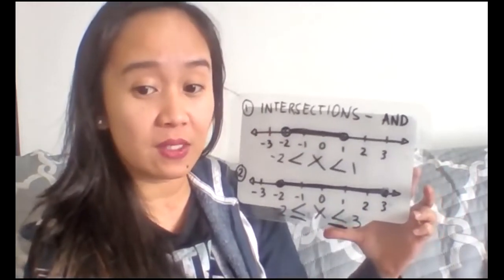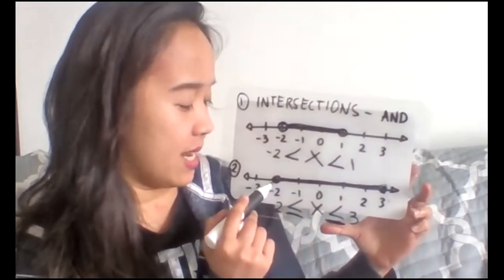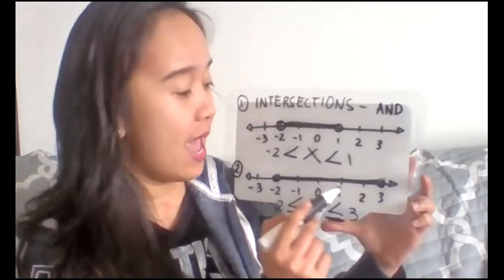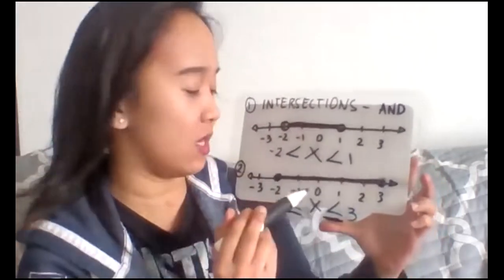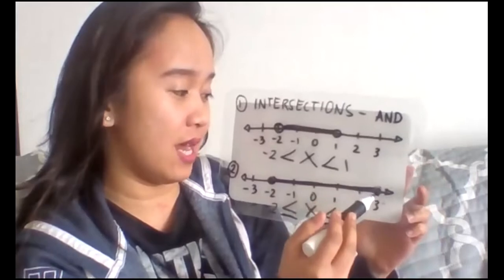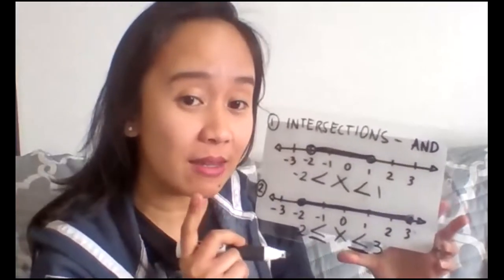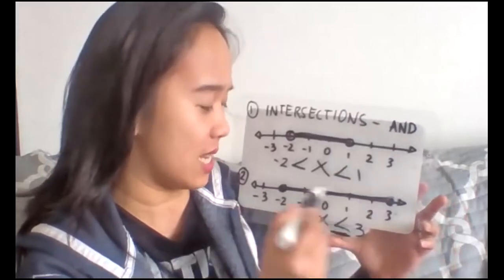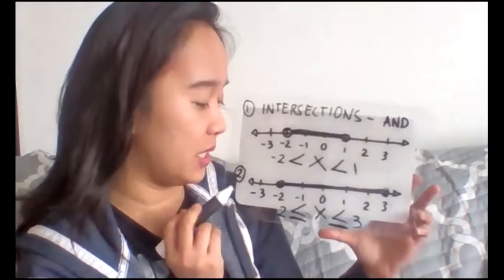So when you read this one, it should be x is between -2 and 3, okay? Or if it says inclusive, that means it's shaded, so you should have those shaded dots or solid dots.